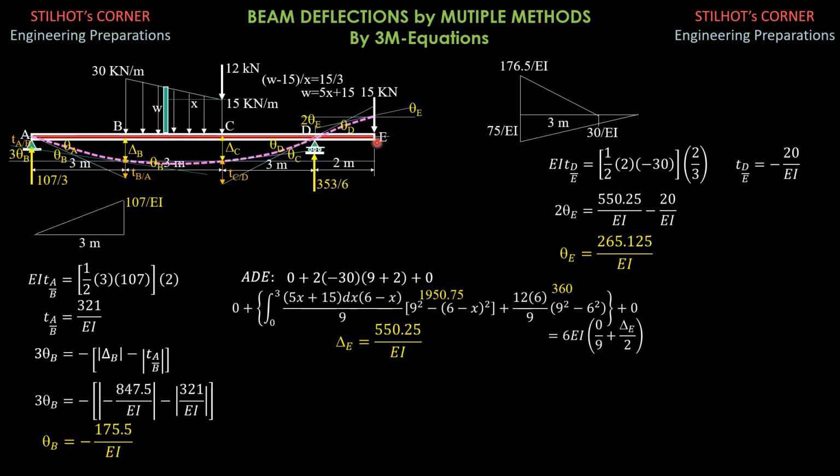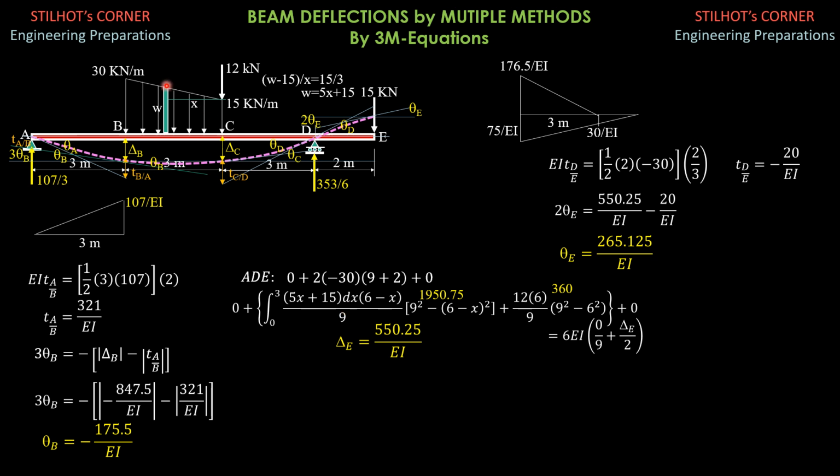Moment at E is 0, then plus 6 area 1A over L1, so the 6 area 1A over L1 is this expression here.